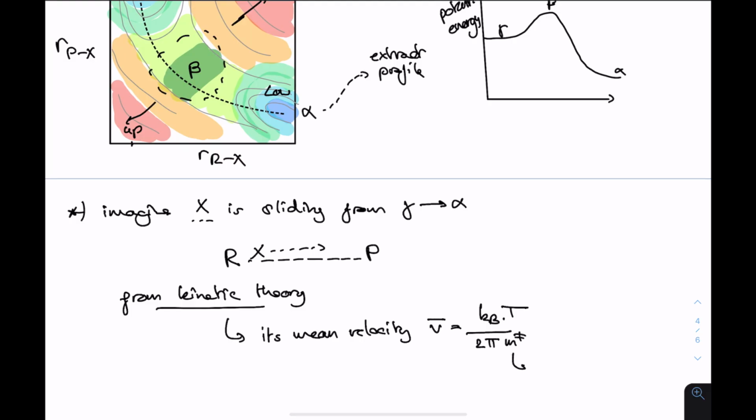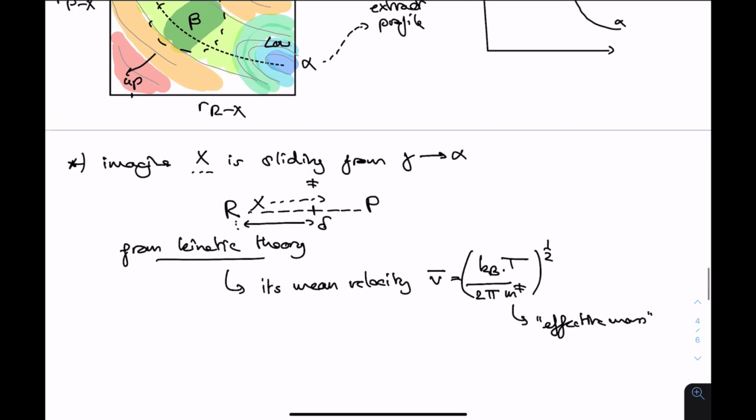And now this is the effective mass of the transition state. Okay, that's the kind of hypothetical concept. And we have a certain distance from R to, at some point, what we call the transition state, which this distance, we'll call it delta.